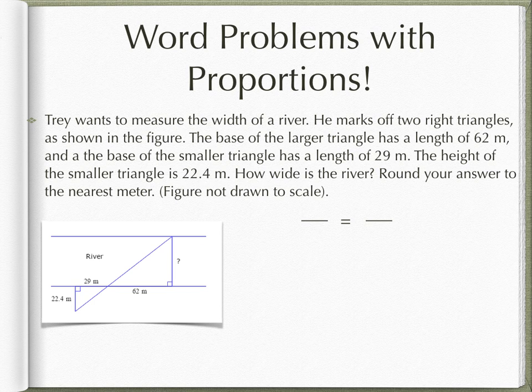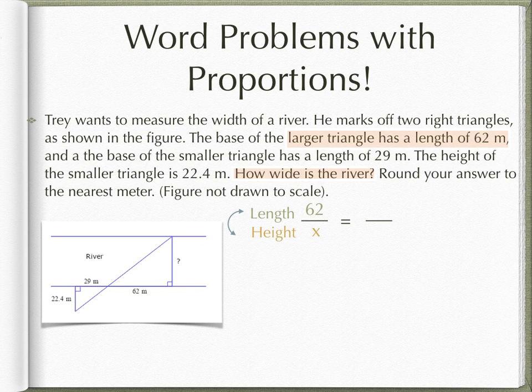Okay, so we've got our proportion here, and we're going to set it up. I chose the larger triangle to be put on the left just because it was listed first. So I'm going to put my 62 and my x, because we're trying to find out how wide the river is. We don't know how wide it is. I put my length and my height because notice in the diagram that the height is the length of the river.